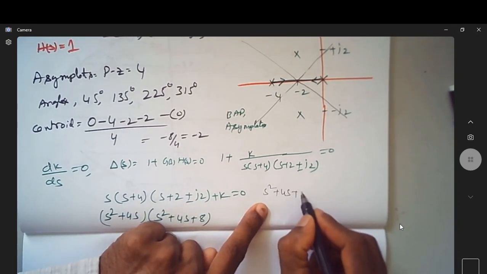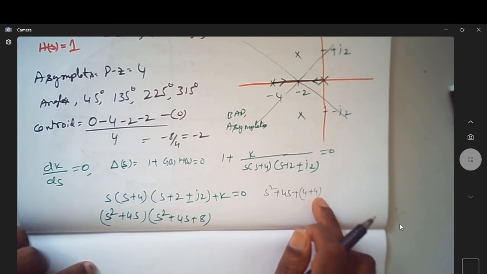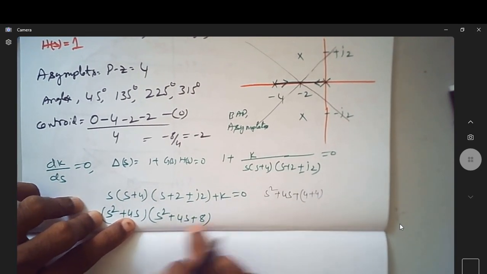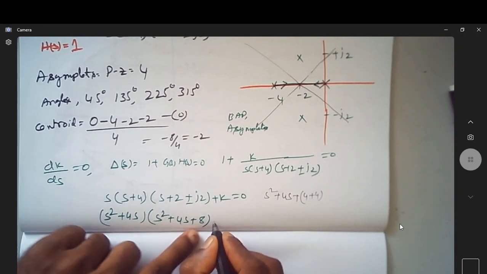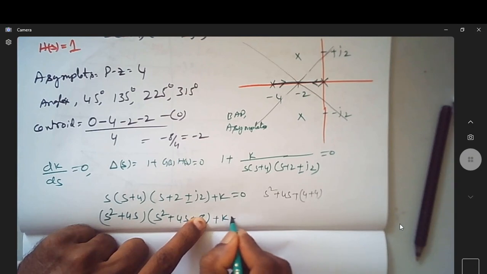The square of 2 is 4 and the square of the other 2 is again 4, so this is 8. This is how we get s square plus 4s plus 8, and of course plus K equal to 0.